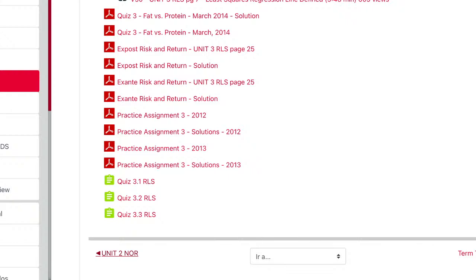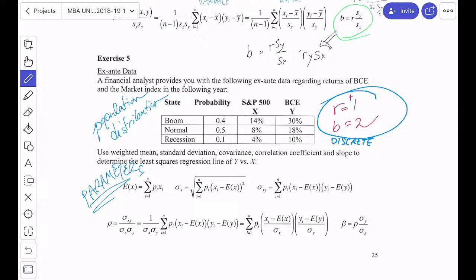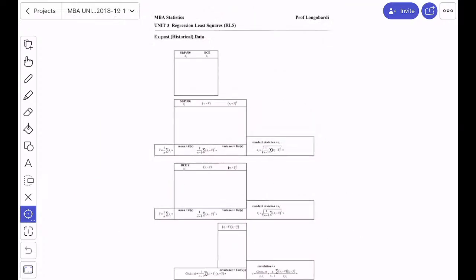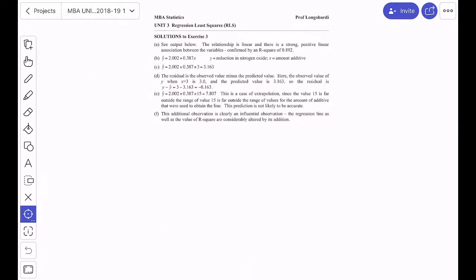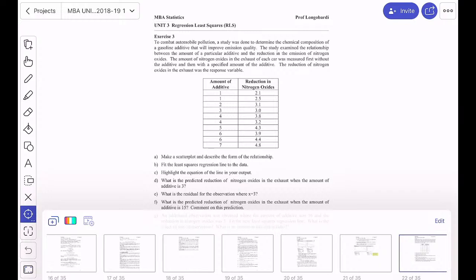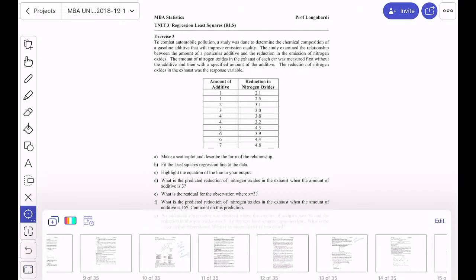So that will be for you to review. Okay, so those results, those calculations are all in Moodle under Solutions. So what I want to do is go back where we left off.